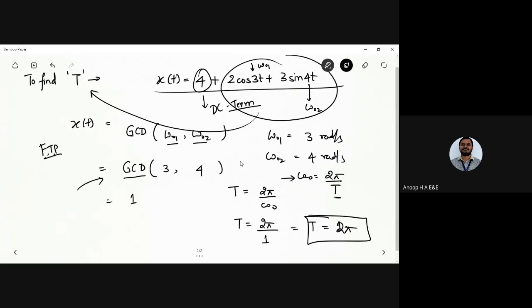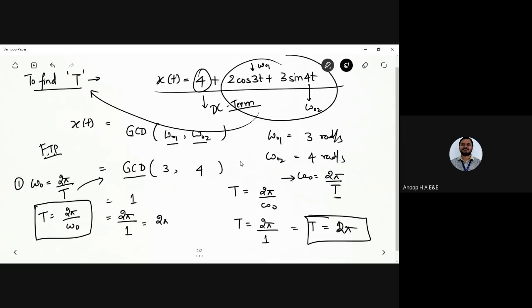Okay. So that's how you are going to do it, and such problems are repeatedly asked. So see to it that you go through each and every concept. First, you are going to find the fundamental angular frequency, with respect to 2 pi divided by T, taking that equation. So T is equal to 2 pi divided by omega naught, that is 2 pi divided by 1, which is equal to 2 pi.